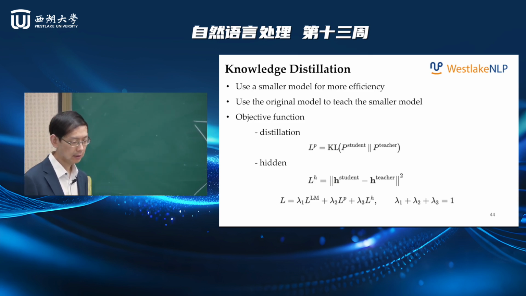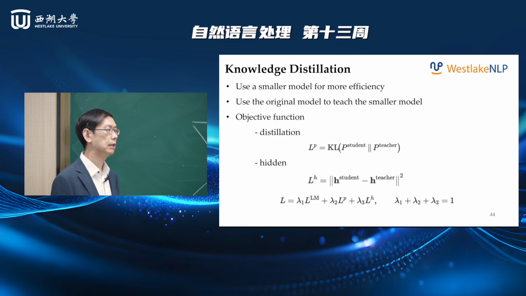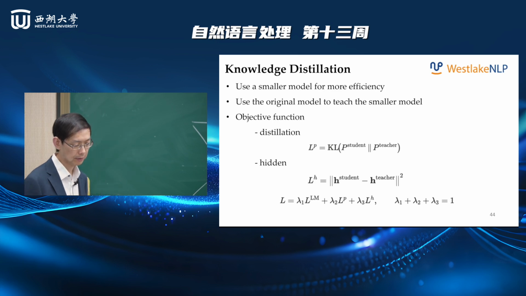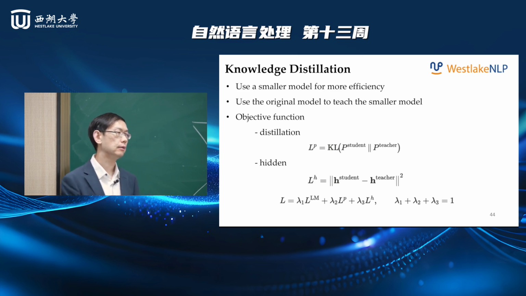You can set a few additional learning objective functions in addition to the original language modeling objective function. So one objective is to make sure that the student has a similar token level distribution as the teacher in language model training.